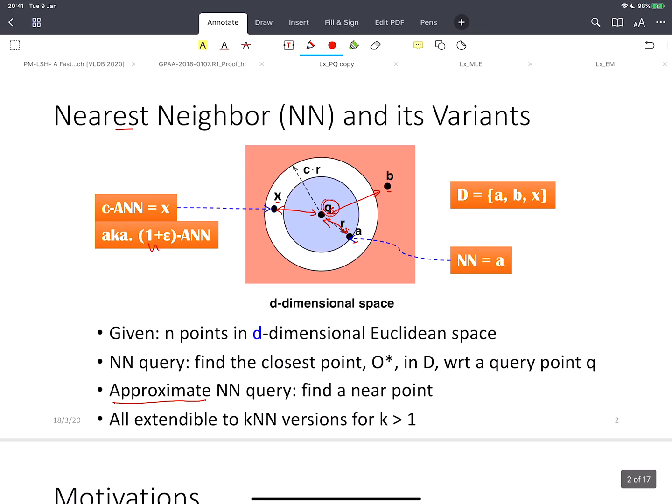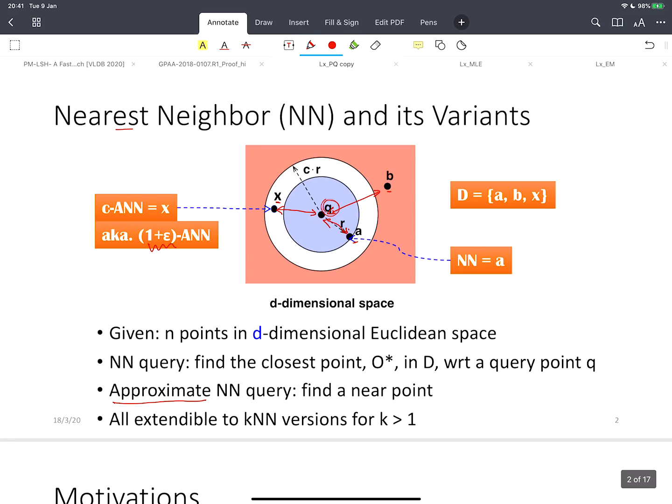So one of the notions here is called 1 plus epsilon approximate nearest neighbor. This means you return any object such that the distance to the query is at most 1 plus epsilon of the nearest neighbor distance.